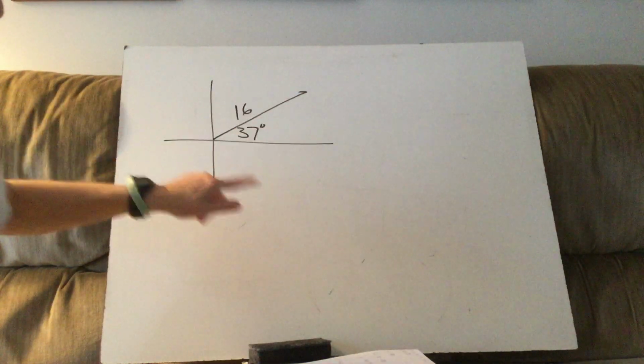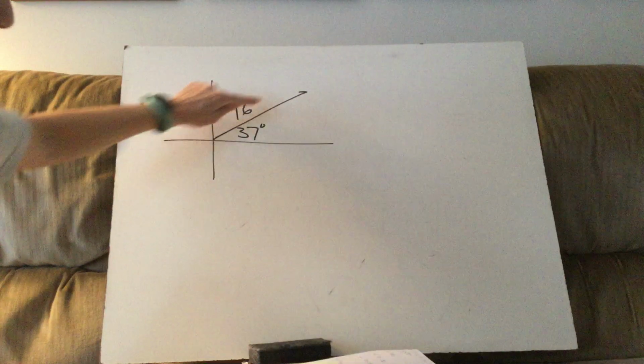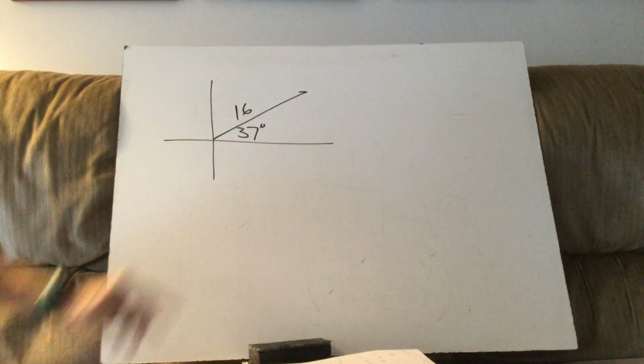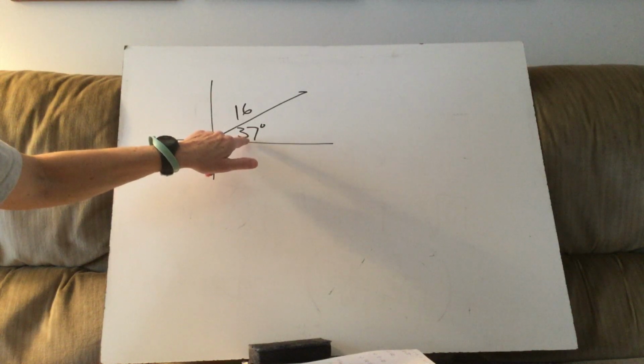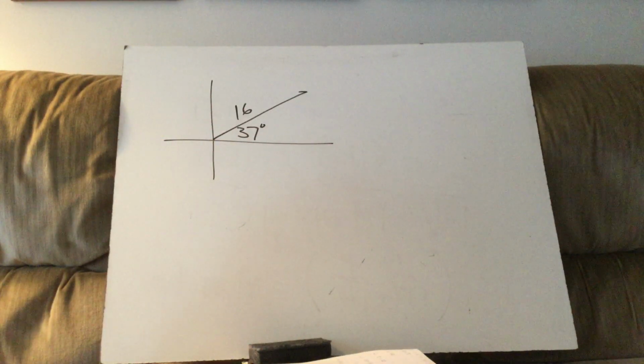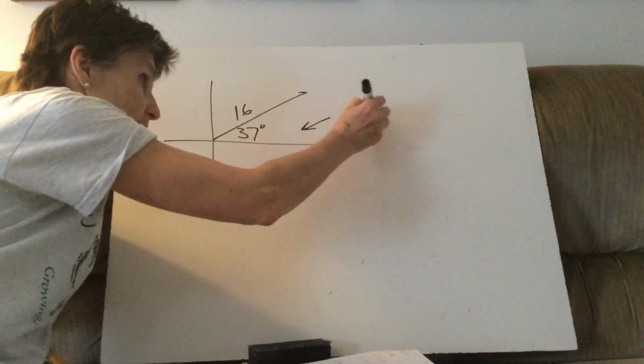So here is the vector shooting up at an angle of 37 degrees, and its magnitude is 16. So this vector is 16 units long, and the angle that it makes with the positive x-axis, by the way, is called its direction angle.